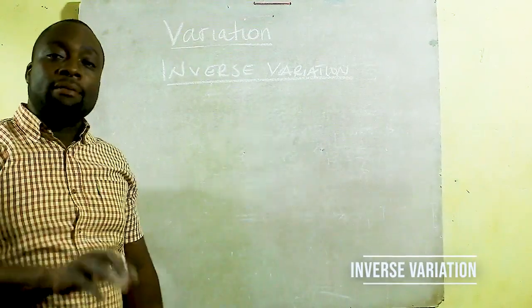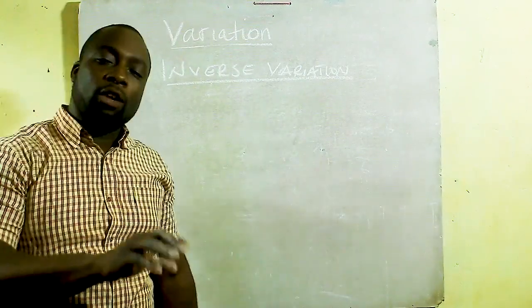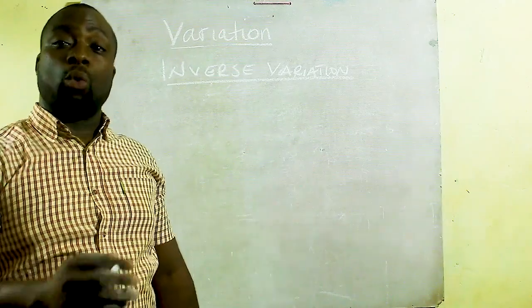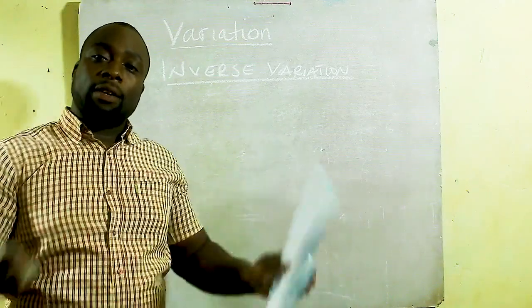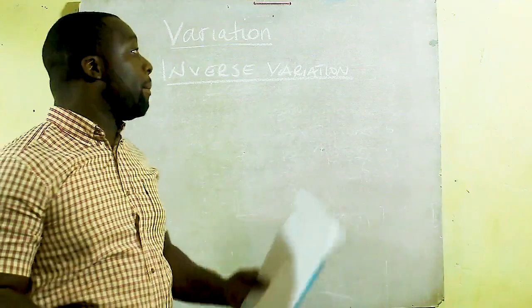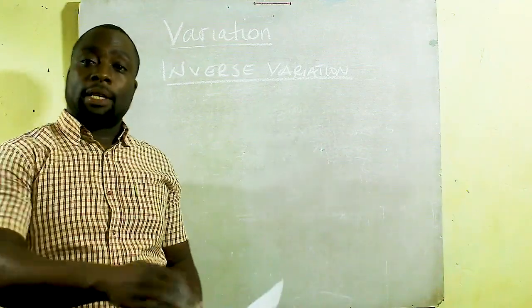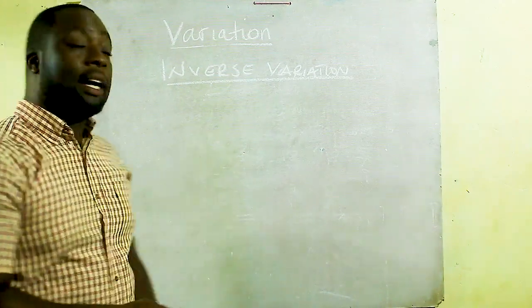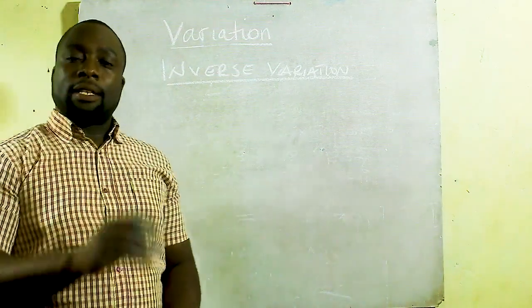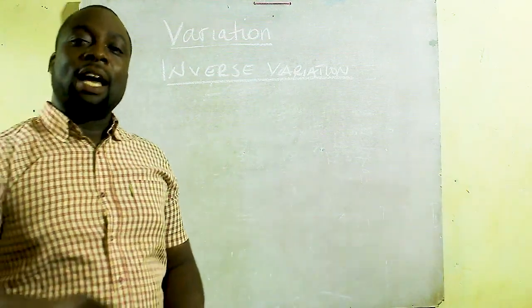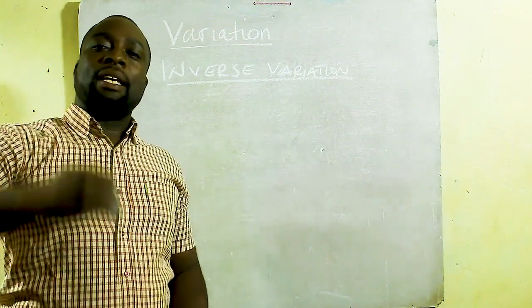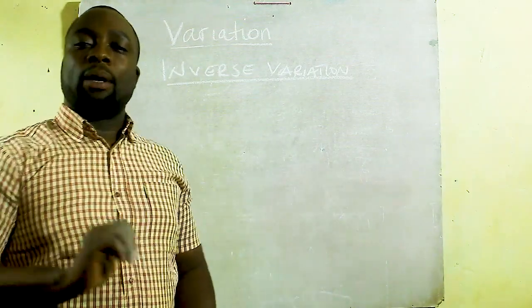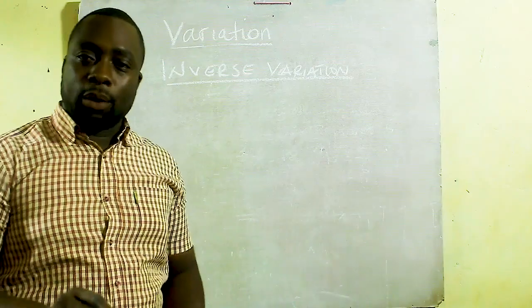It is a type of variation, a relationship, and remember, when we talk about variation we're talking about a relationship between two variables. Inverse variation is a type of relationship such that as one variable is increasing, the other variable is decreasing. Are we together?